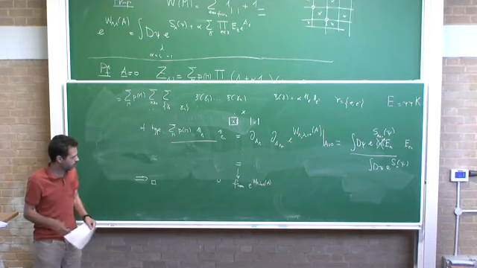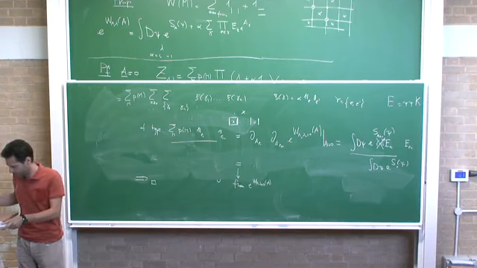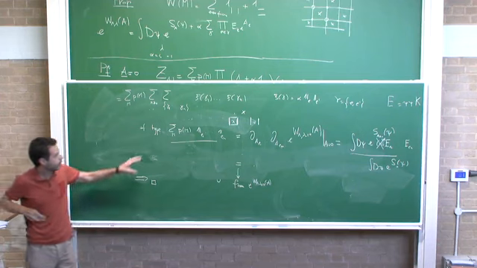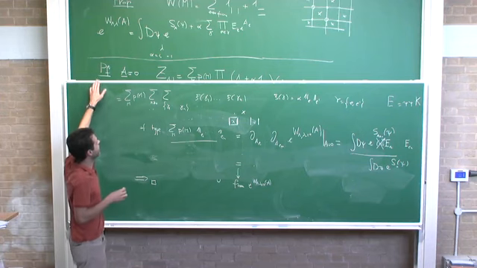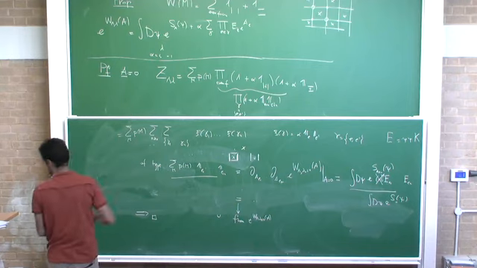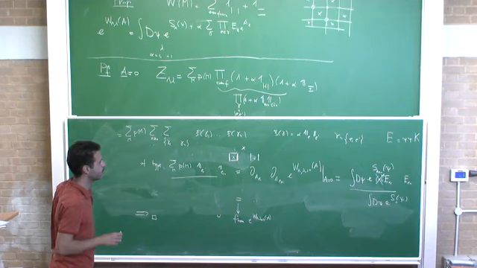Okay, so the outcome is that we wrote down the generating function, the partition function, as a... Sorry, can you comment on why K is up here?